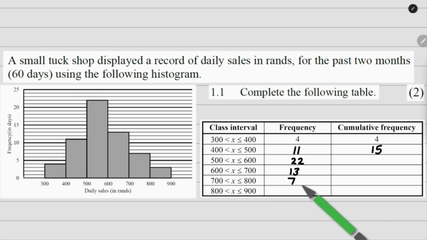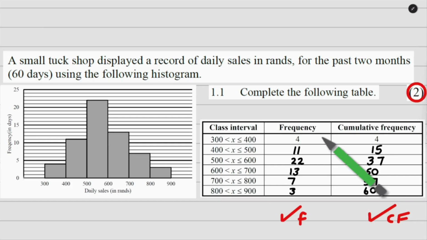We are going to get 7 there and 3 over there. 15 plus 22 will give you 37. 37 plus 13 will give you 50. 50 plus 7, 57. And then we get 60. And we've officially filled in the table. And your 2 marks come from the correct frequencies and the correct cumulative frequencies.